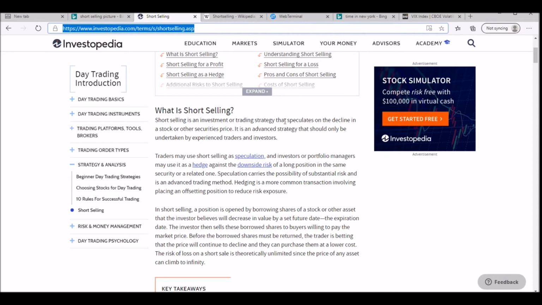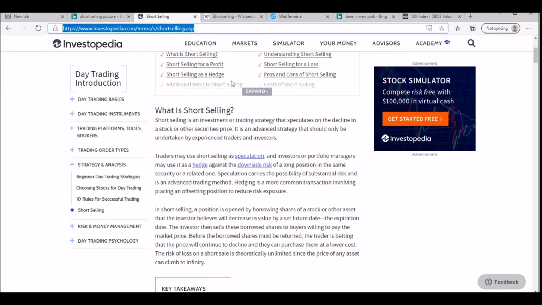Guys, let's take note. It is an advanced strategy that should only be undertaken by experienced traders and investors. Not to worry, right after this discussion, you will have the basic idea so that next time you want to make good profit, you know how to short.